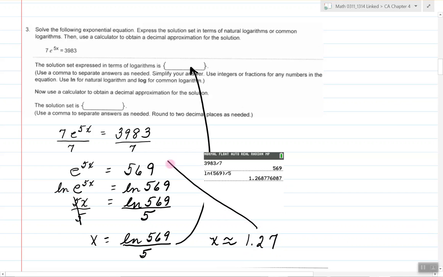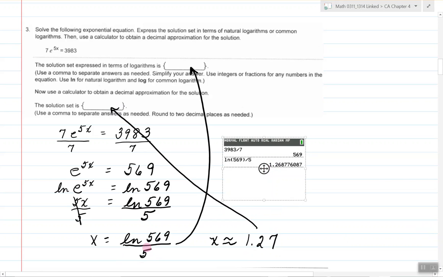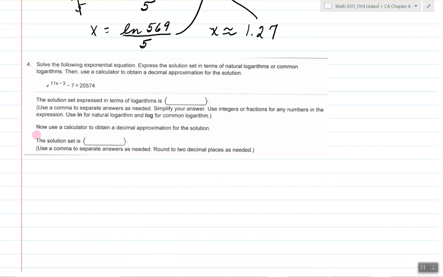And this is my second answer. So one of them I left in terms of logarithms, the other one I put in the calculator. All right, let's look at number 4.